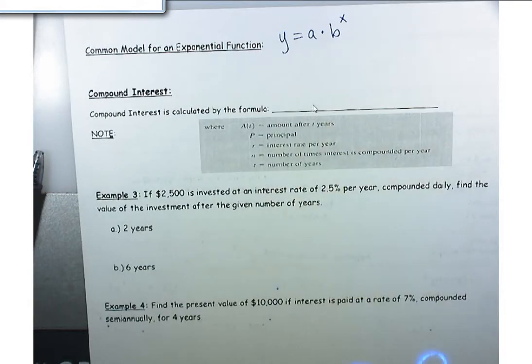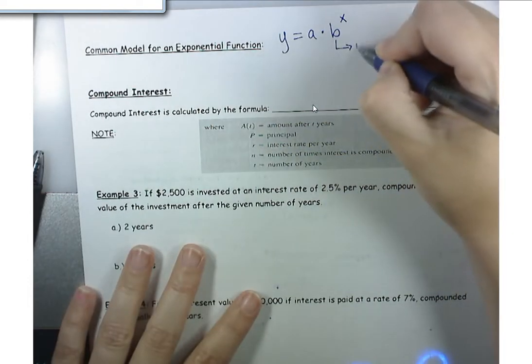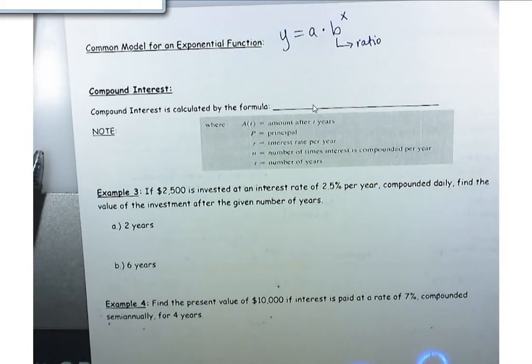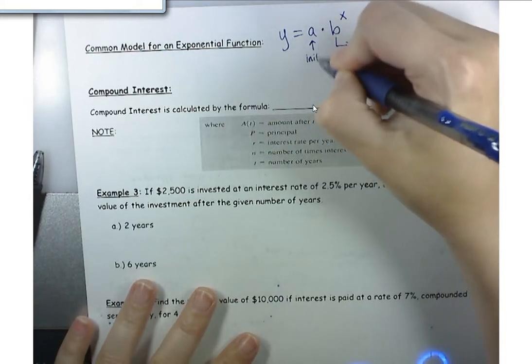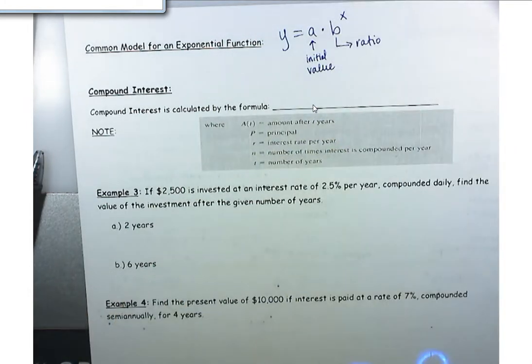Okay, because b is going to be the base value, but it's also going to be the ratio. Okay, so the ratio of how fast it's either growing or decaying. And then your a is going to be your initial value.